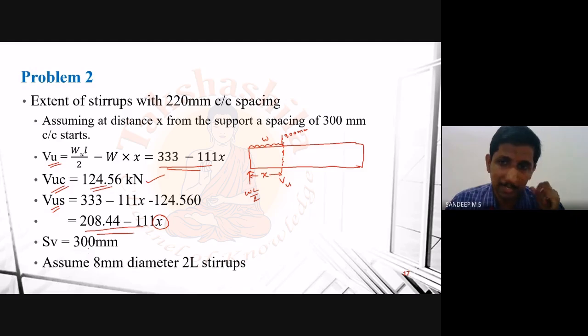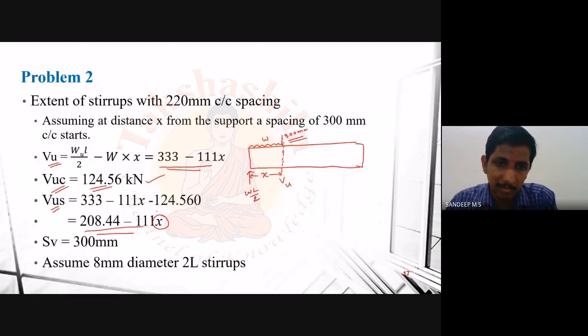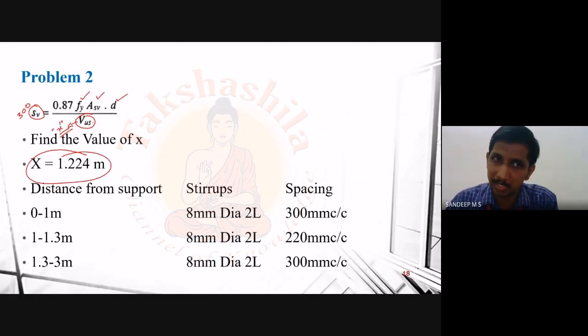But we already know that at this particular section, our spacing can be taken as 300 mm center to center. So now, coming to this equation, instead of VUS, I will substitute the value in terms of X. This is the amount of shear force that should be resisted by the stirrups at this location, which can be substituted as my VUS. And I know the value of SV, the center to center spacing of my stirrups, because at this section the spacing will be 300 mm center to center.